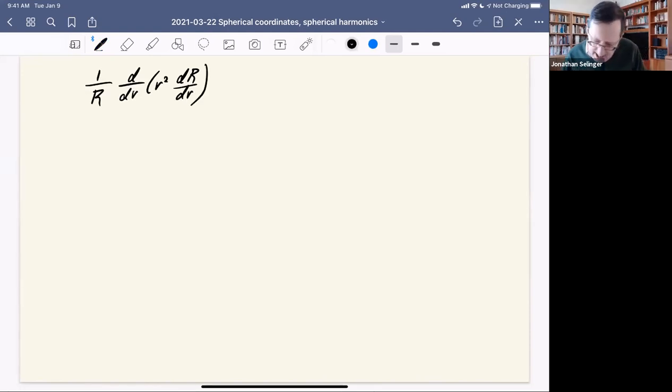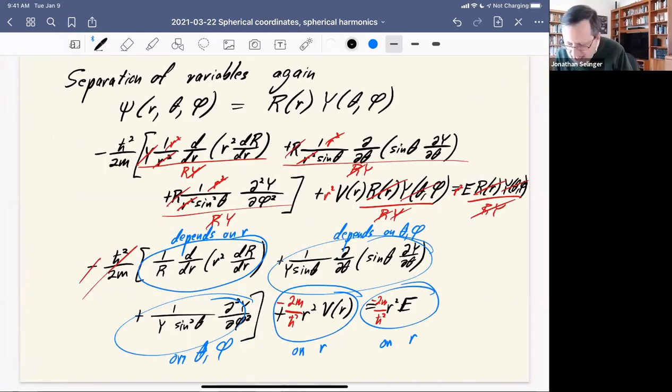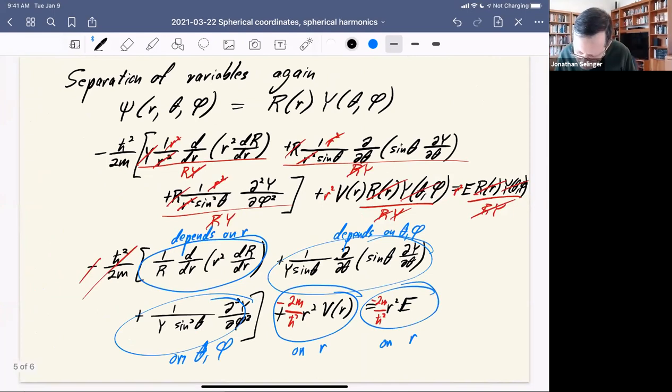And then minus 2m r squared over h bar squared, V of r. And then we have to move this E term over to the other side, so I'll put parentheses like this. So all of this is equal to, what do we have over on the other side?